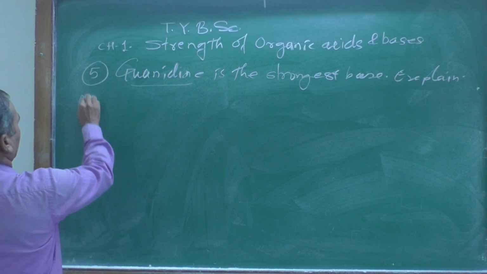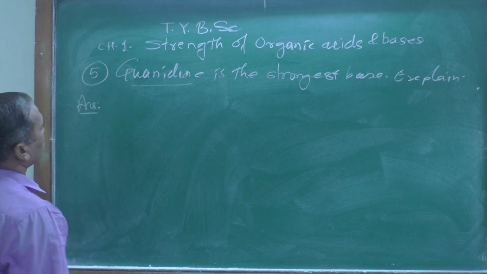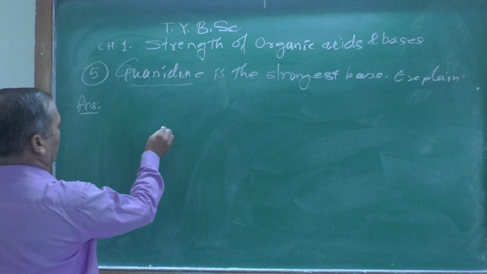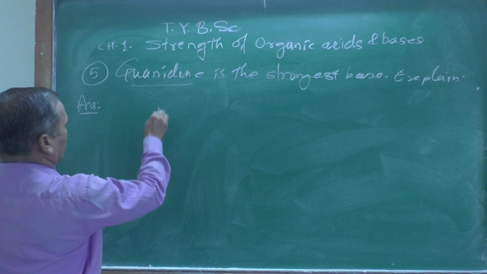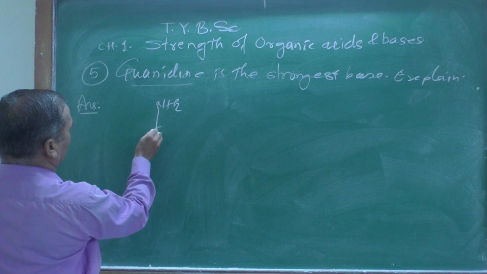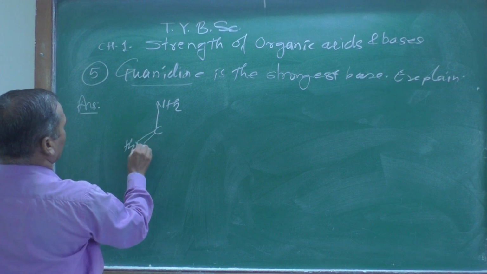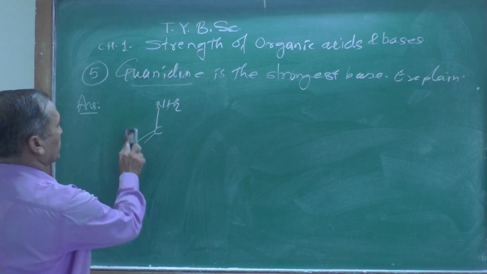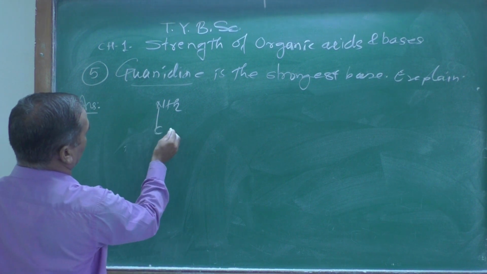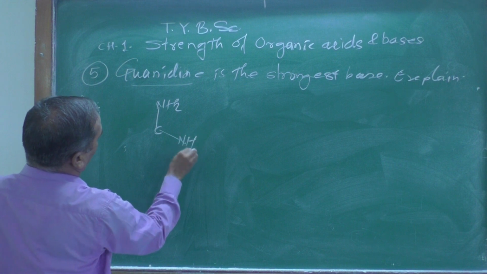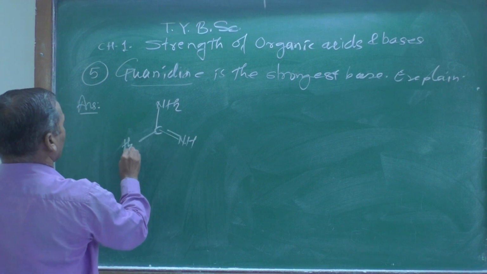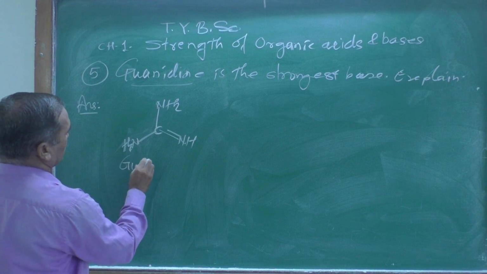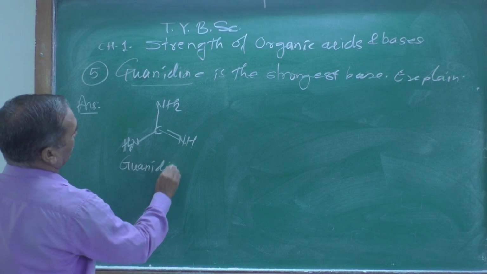While answering here, first draw the structure of guanidine. The structure of guanidine is this one. Here NH2, then double bond NH, or here we can draw the structure, first one, correct. Here is H2N. This is the structure of guanidine, right?